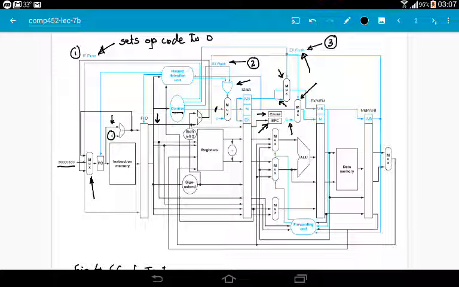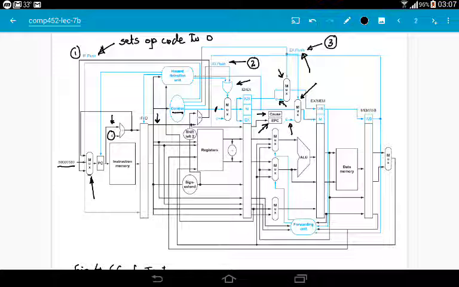Then the operating system does whatever is necessary to handle that exception. The select lines of this mux are not shown, which doesn't make any difference because we know every mux has one or more control lines.